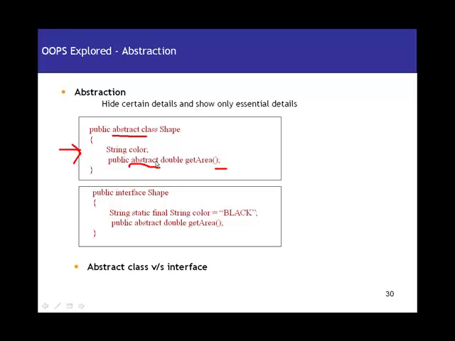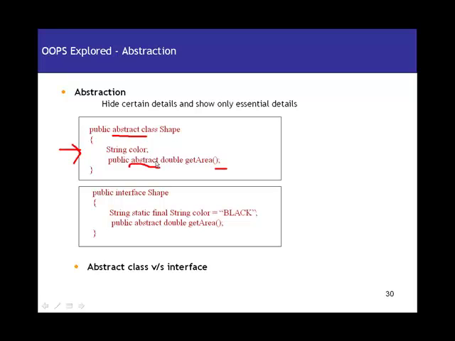So for this class shape, I cannot really give a generic implementation of the getArea method. For that reason, I have given an abstract modifier to my method getArea and given no implementation to this method in my shape class. But whichever class is going to extend from my class called shape is going to give an implementation, right?